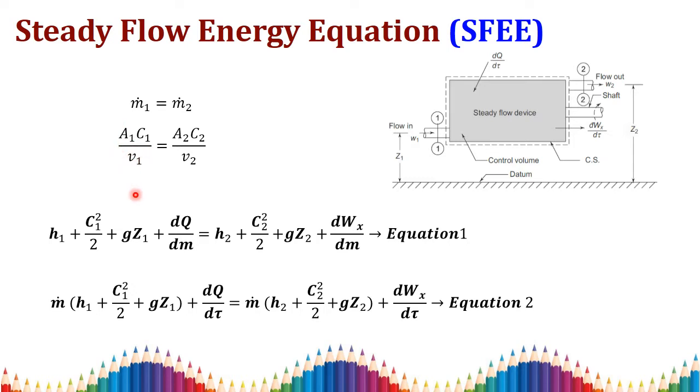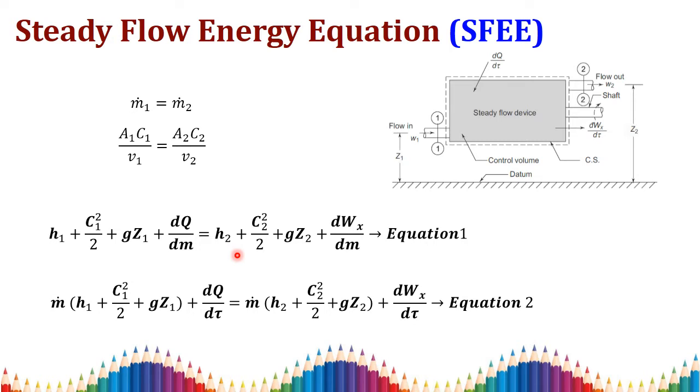And from the energy equation, the total energy entering the system is equal to the total energy leaving the system. With this we have the equation h1 plus c1 square by 2 plus gz1 plus dq by dm, which is equal to h2 plus c2 square by 2 plus gz2 plus dwx by dm.